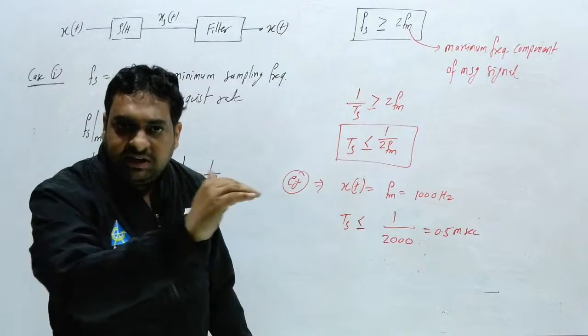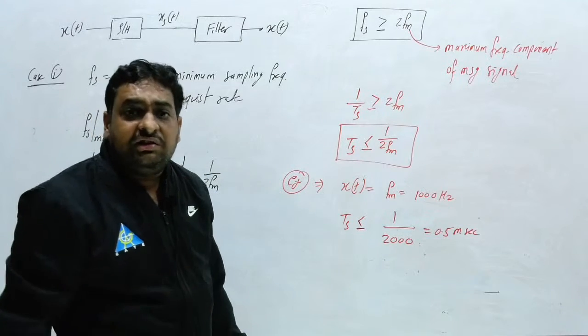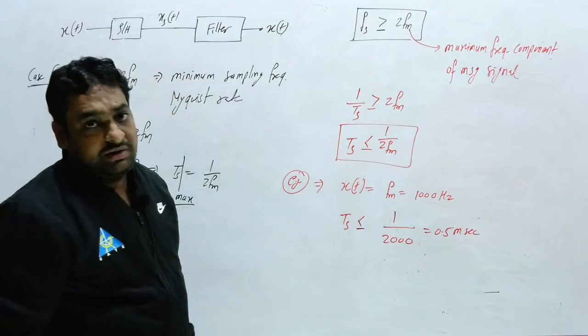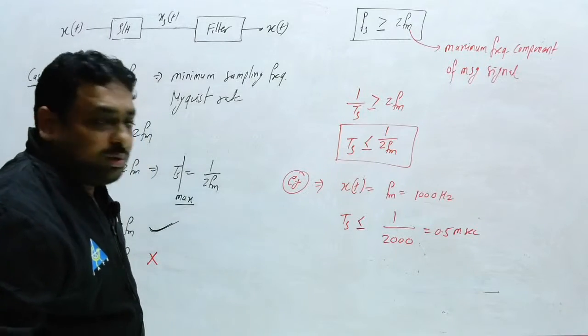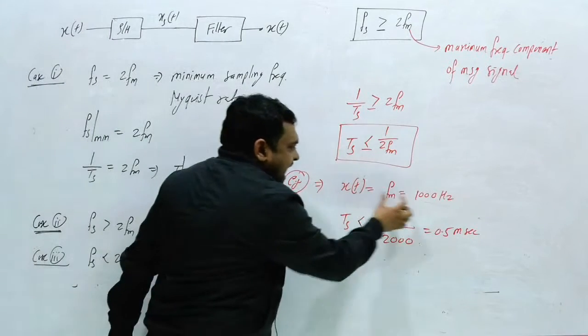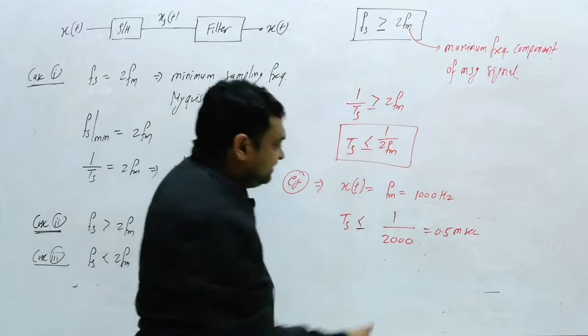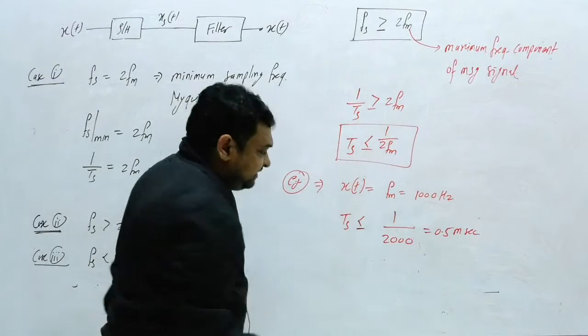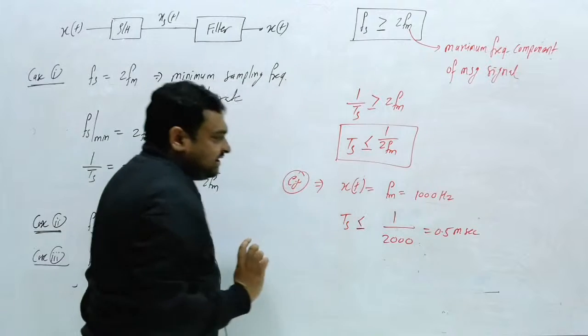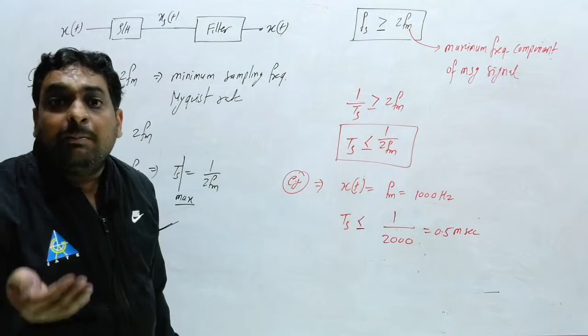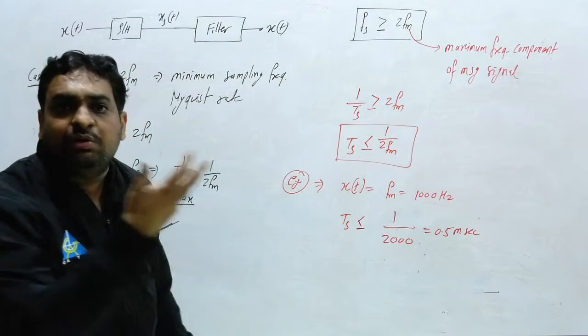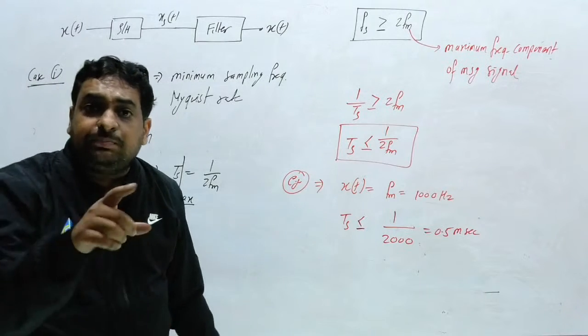Suppose you have a very high frequency, for example in gigahertz. Then what should Ts be? Ts will be in microseconds or nanoseconds, so the sampler speed will be fast.